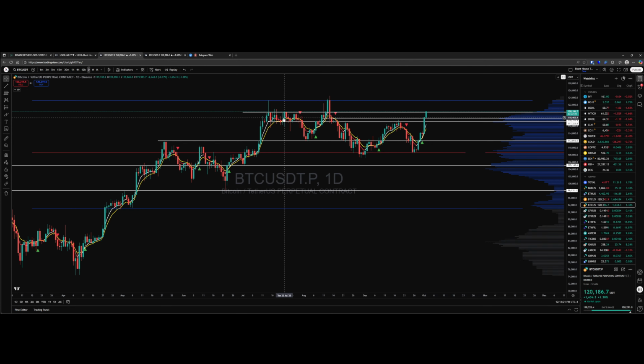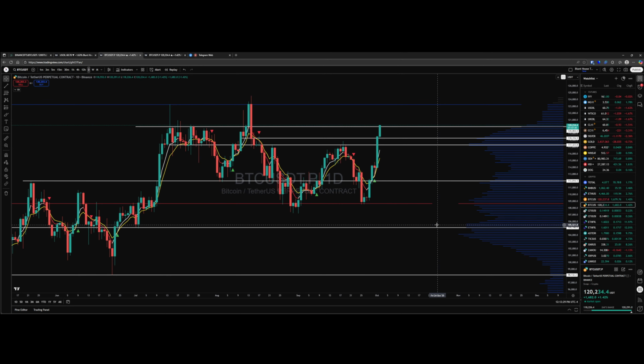So it's remarkable to see how true these levels have become, days, weeks down the road. How current price will come back and tag the same familiar areas time and time again.